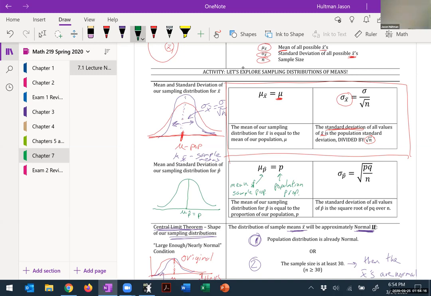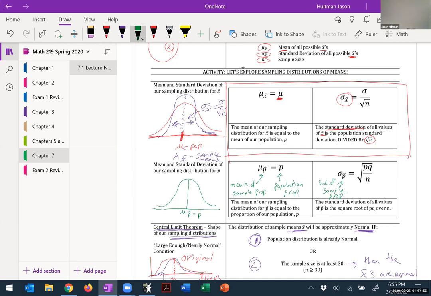The standard deviation for the sample proportions, where p hat is the sample proportion, is going to be equal to the population proportion times its complement.